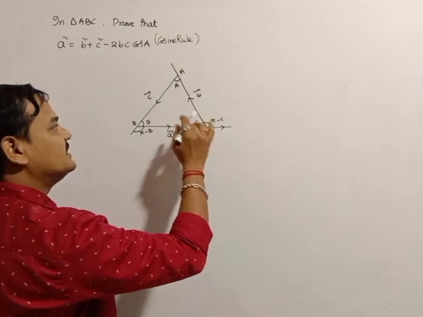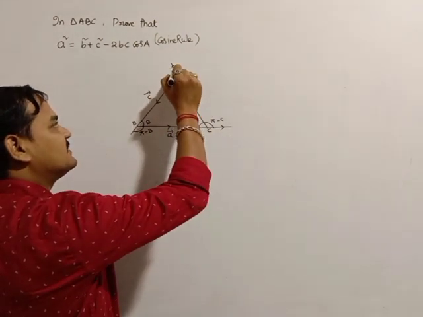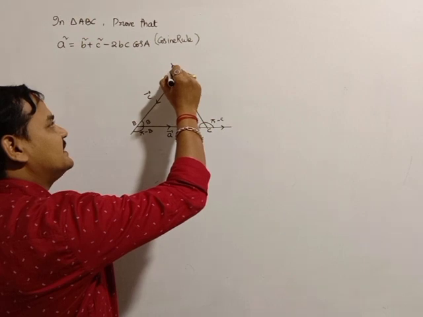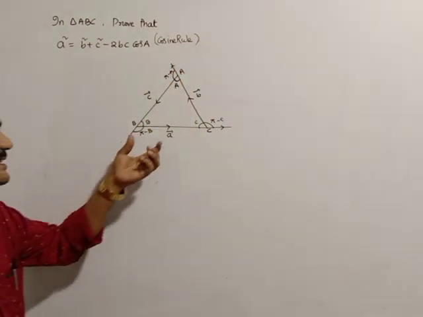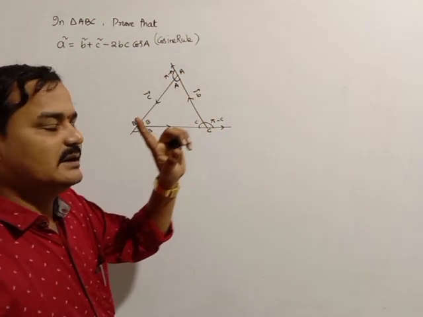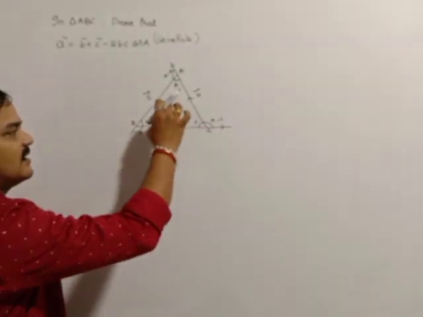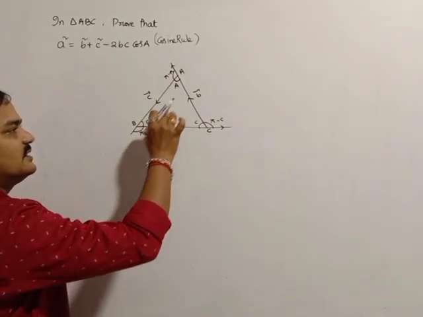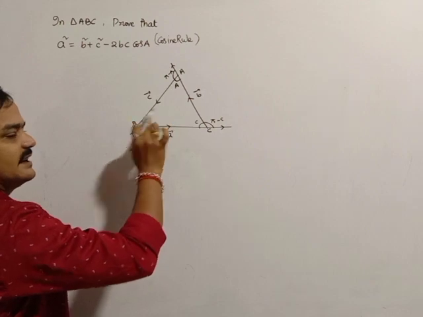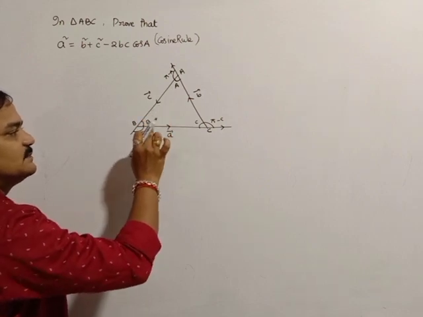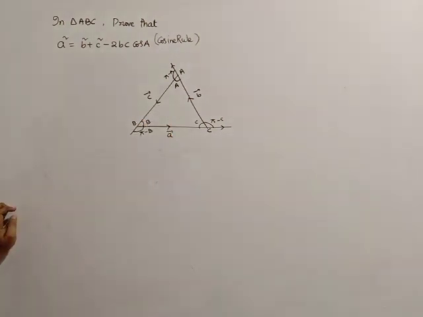Similarly, the other angle is pi minus A. This is a very important concept for all these three theorems. Because the vector directions are opposite to each other, you need to take the outer angles, not the inner angle. So if the inner angle is B, the outer angle is pi minus B.